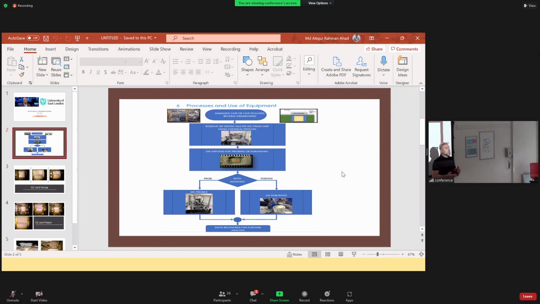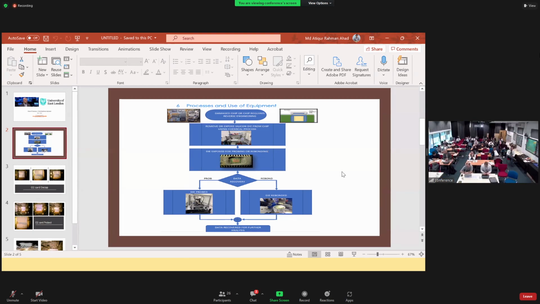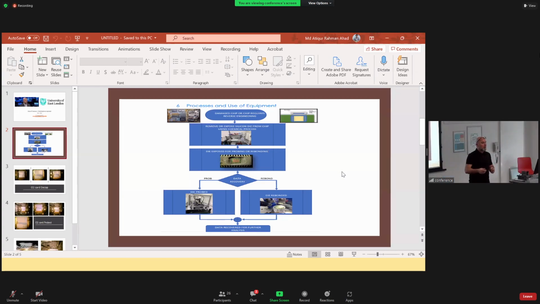To do so, we use some hardware tools, and at the same time we clean the device. We carry out what we call the decapsulation process, using gases and chemical materials to decapsulate the packaging.